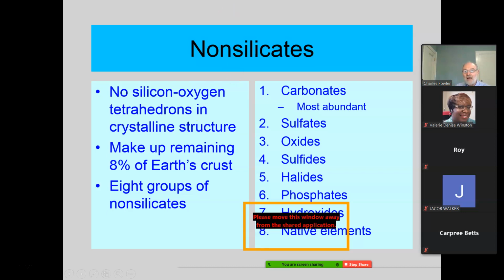The most common of these are your carbonates. And again, the ATE means oxygens there. This is carbon, 1 carbon with 3 oxygens, carbonate. And these are the most abundant of the non-silicates. And we should know that living in Alabama here, especially in the area we do. A lot of our underlying rock formations, not so much silicates, but carbonates, limestone.